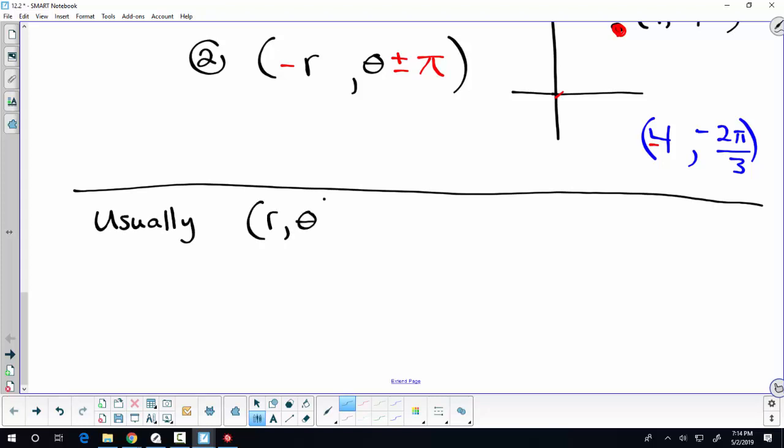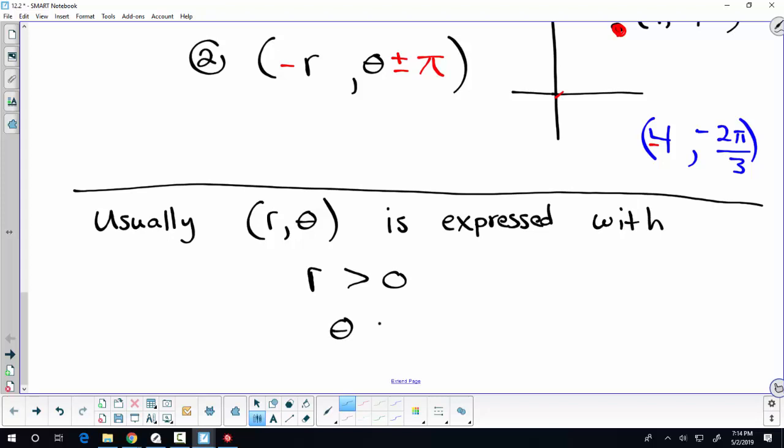So usually a point r, theta is expressed with r greater than 0 and theta between 0 and 2 pi. Honestly, like we've said, it doesn't really matter, but that's usually the convention.